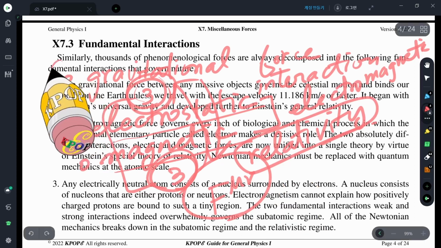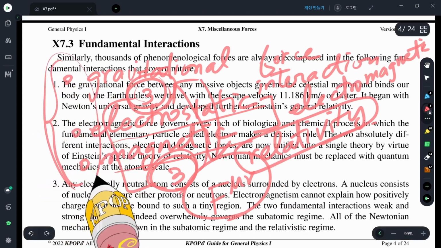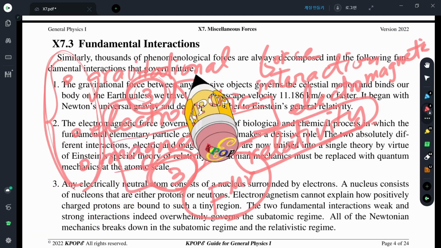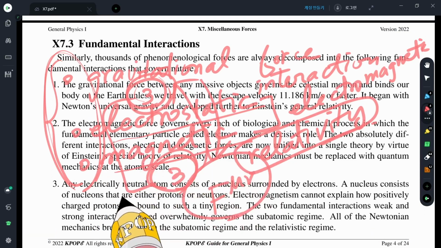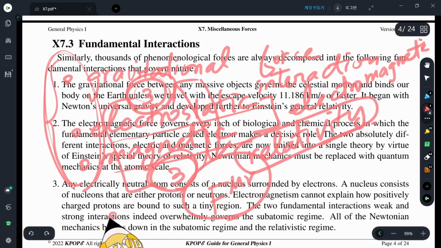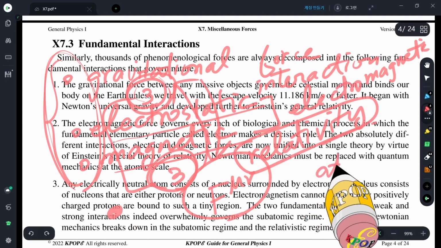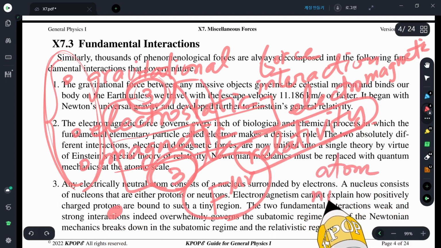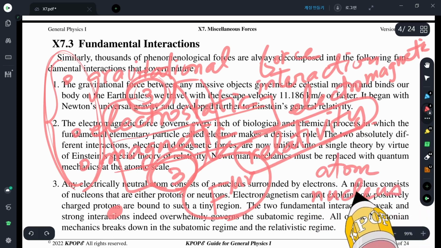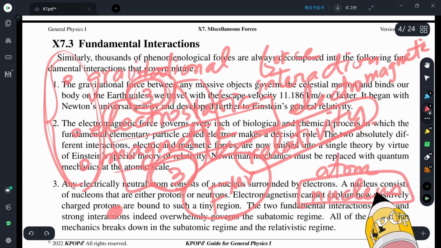Anyway, these are the most important forces we are very familiar with. However, these forces cannot explain basic elementary particles. For example, within an atom, there's a nucleus. The nucleus is composed of nucleons.